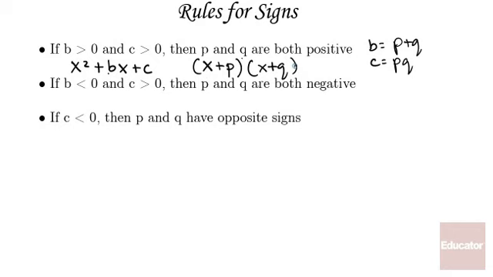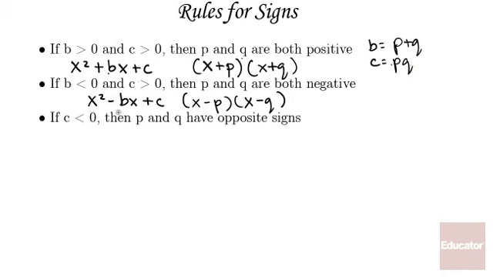In the second case, for signs, I could have a situation where b is negative and c is positive. In this case, both p and q are negative. Let's think about why this is. Here I have b is negative, but c is positive. Well, a negative times a negative will give me a positive.